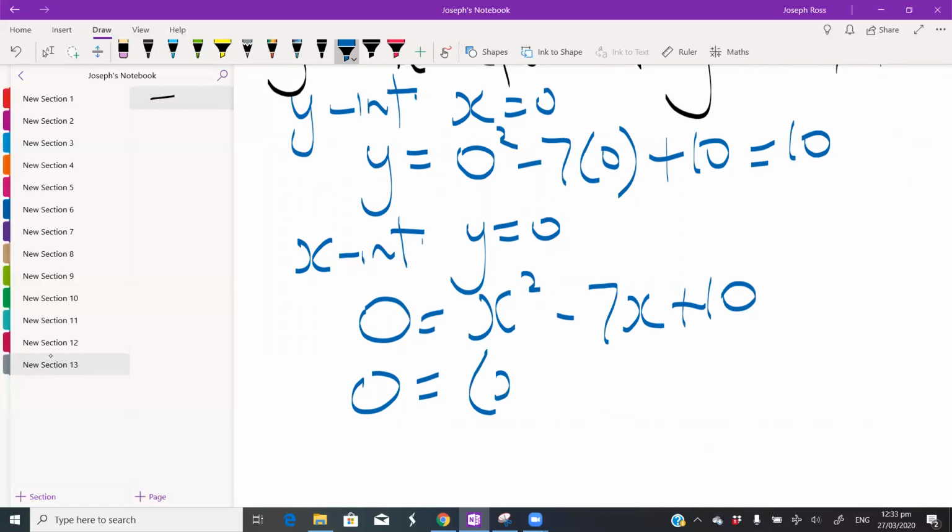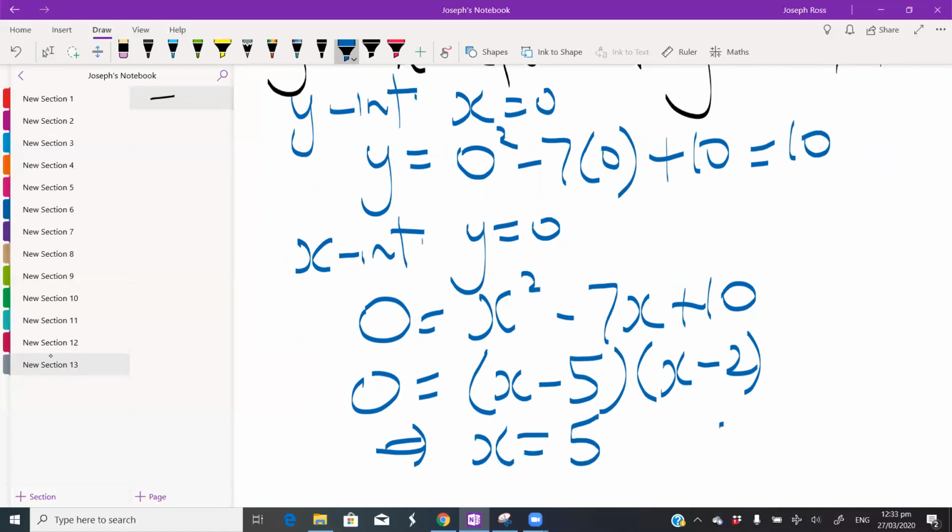Those two numbers would be -5 and -2. So if x minus 5 is 0, moving the 5 to the other side gives us x equals 5. And if x minus 2 is 0, moving the 2 to the other side gives us x equals 2. So our two x-intercepts are 5 and 2.